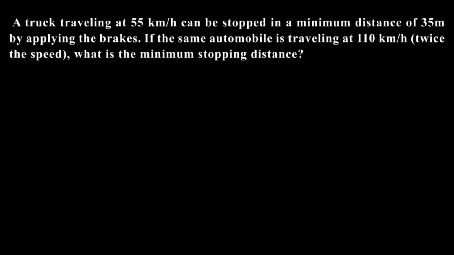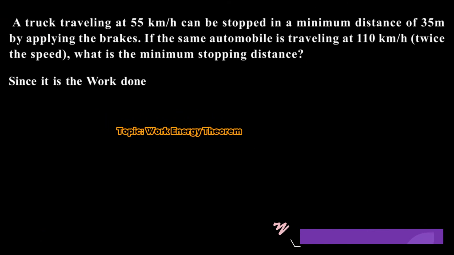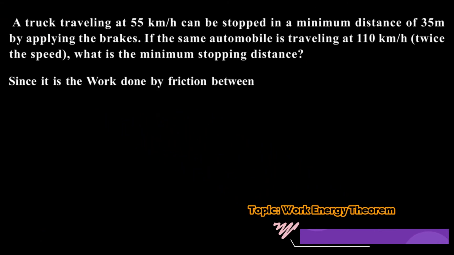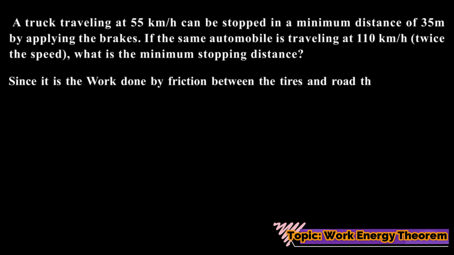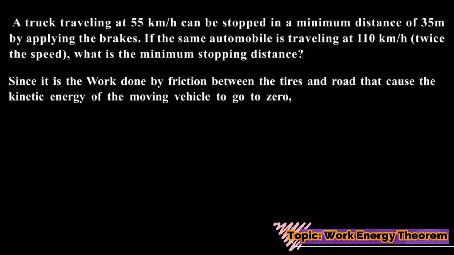To find the distance, we need to know that we are trying to compare distances, because there is a certain distance at the initial stage and there is a final distance that we are looking for now. Since it is work done by friction, it is the work done by friction between the tires and the road that causes the kinetic energy of the moving vehicle to go to zero.